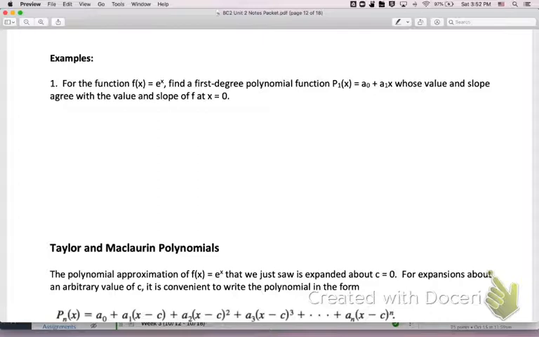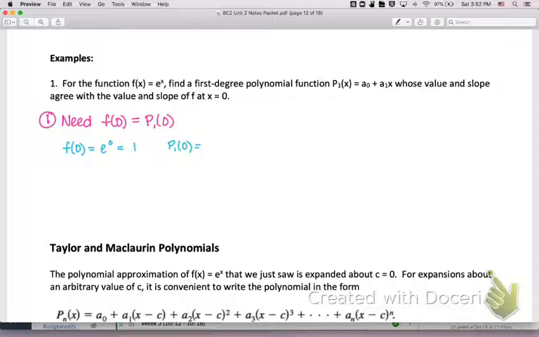We said the value of the function needs to be the same as the value of the polynomial we're creating. So how would we do that? Well, let's first figure out what f of 0 is. f of 0 is going to be e to the 0, which is equal to 1.